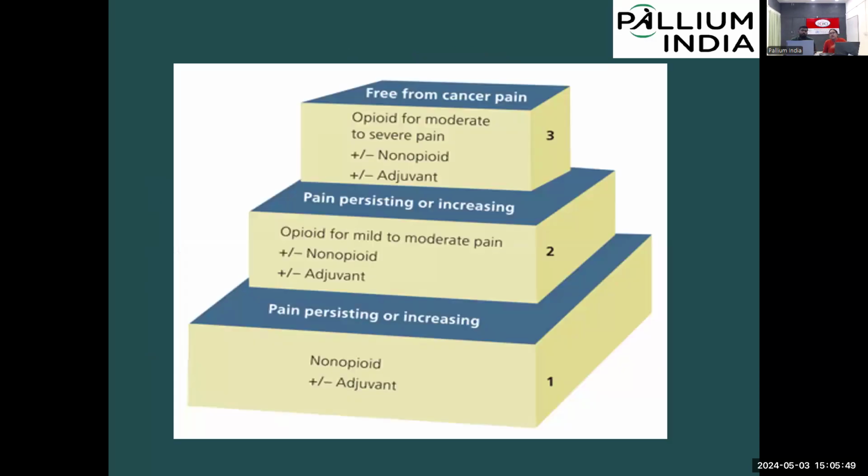We have gone through the analgesic ladder, and you know already that opioids are for moderate to severe pain. The patient has severe pain, so preferably opioids for moderate to severe pain, which includes morphine, fentanyl, methadone, etc. So yes, you're right.